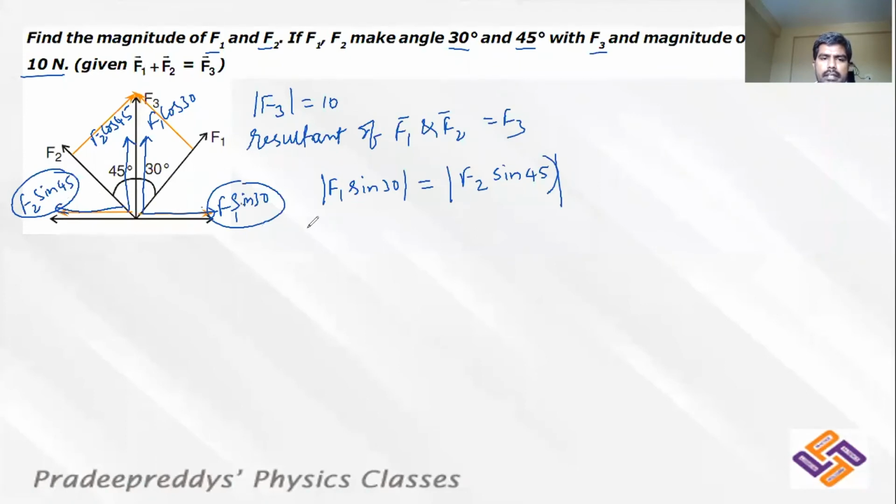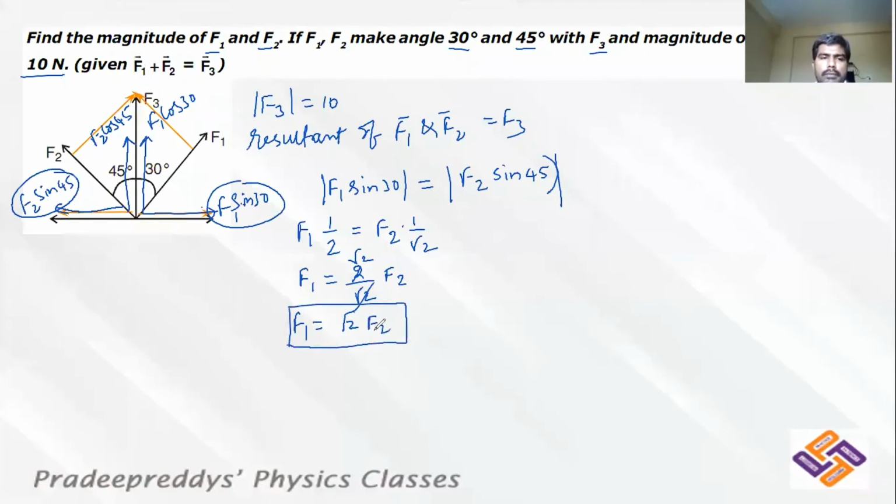So I can write F1 sin 30, which is 1 by 2, is equal to F2 sin 45, which is 1 by root 2. Therefore, F1 is equal to 2 by root 2 into F2. Root 2 into root 2 gives 2. So F1 is equal to root 2 times F2. That is known to you.